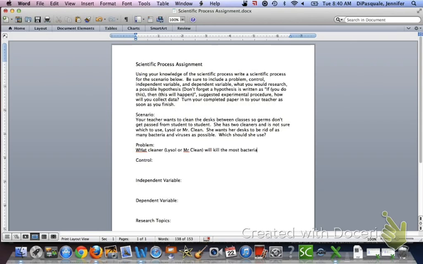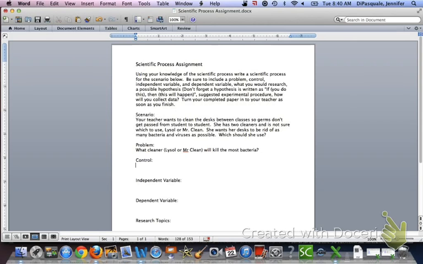Because bacteria is something that we can measure. We can look at bacteria colonies and grow them. So that's why we're going to use bacteria instead of looking at viruses. Okay, so that's our problem.